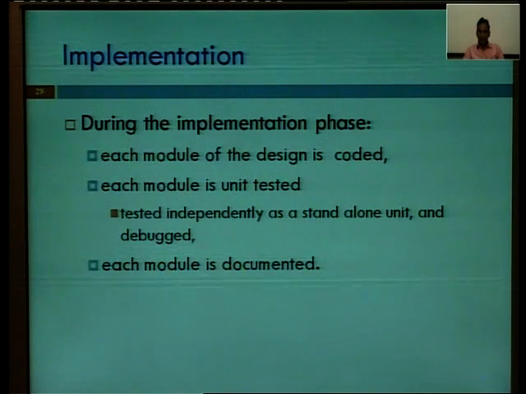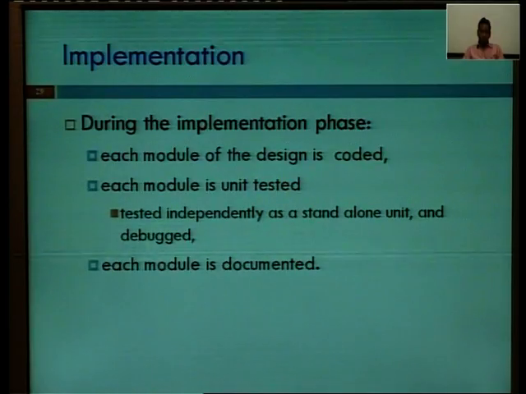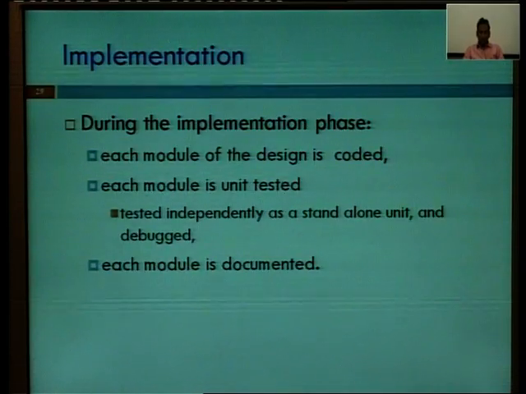After the design of the separate modules, each module is required to be unit tested individually. In the previous phase, we first identify the different modules available in the system, and then we code the different modules, and these modules are required to be independently tested, stand alone, again and again, for finding any error or warning in that module.